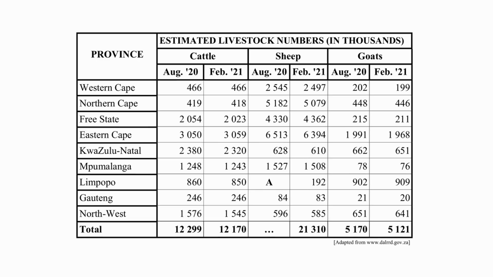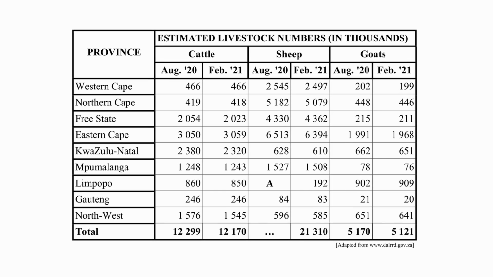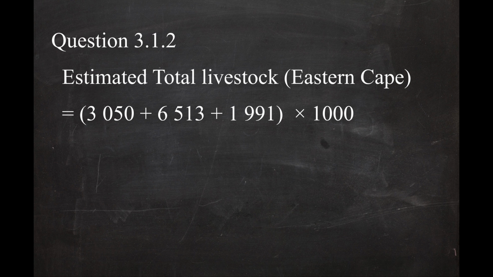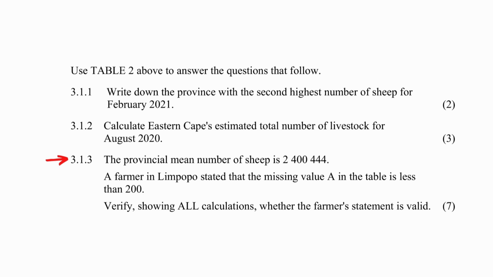The total is 3,050 plus 6,513 plus 1,991, and all these values are in thousands, so this equals a total of 11,554,000.